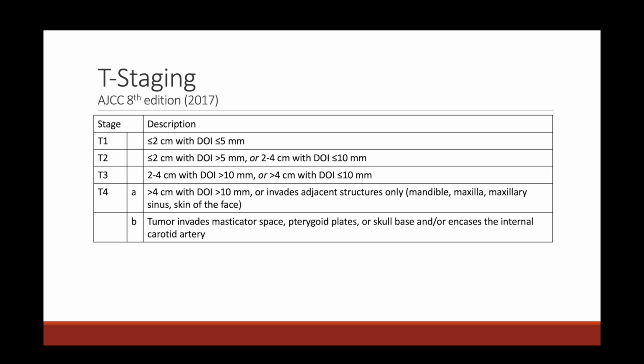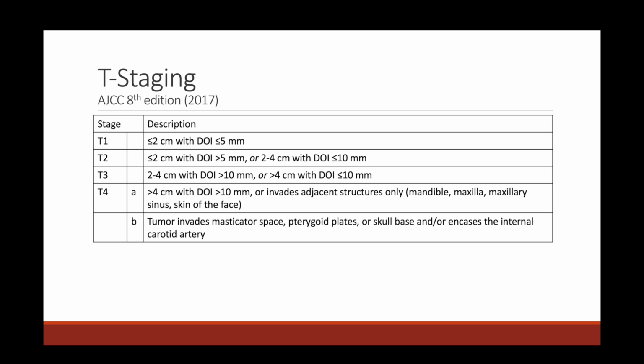So anything that's 2 centimeters or less with a depth of invasion that's 5 millimeters or less. That is considered T1. If it's less than or equal to 2 centimeters and has a depth of invasion that's greater than 5 millimeters, or if it's 2 to 4 centimeters with a depth of invasion that's up to 10 millimeters, then it's considered T2.